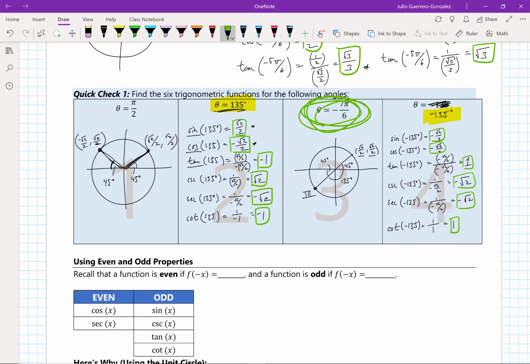So this drawing that I did right here is actually for negative 135, so I didn't do number 3. Sorry, I was using the box for number 3 so I can draw the picture for number 4, just so that people don't get confused.